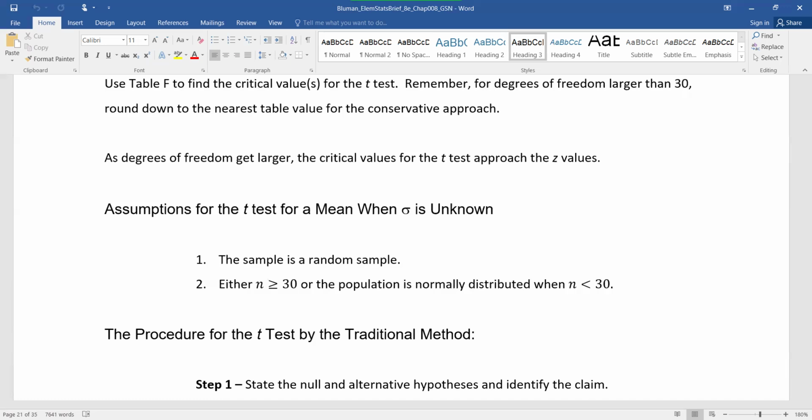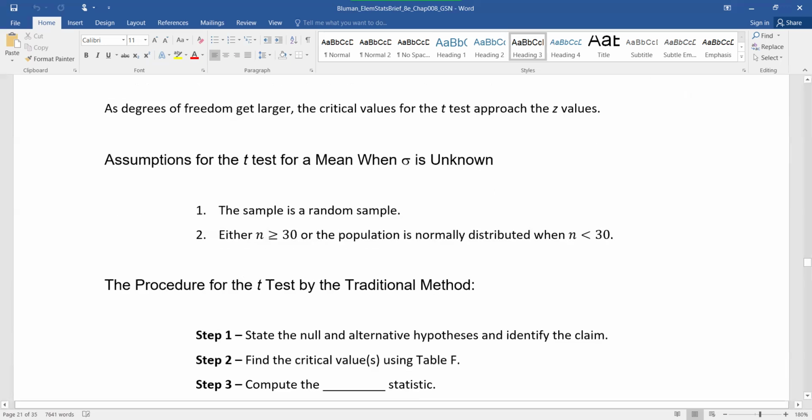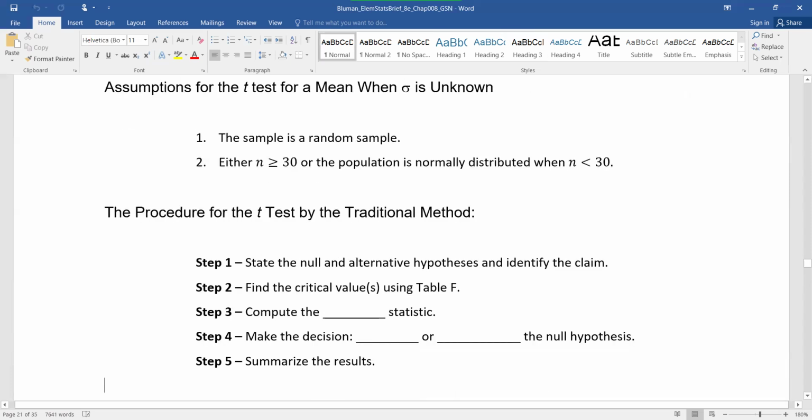So as degrees of freedom get larger, the critical values for the t-test approach the z values. So the assumption for the t-test for a mean when the population deviation is unknown is that we have to assume the sample is random, and then either n is greater than 30 or the population is normally distributed when n is less than 30. And then we use those degrees of freedom in the table F chart.